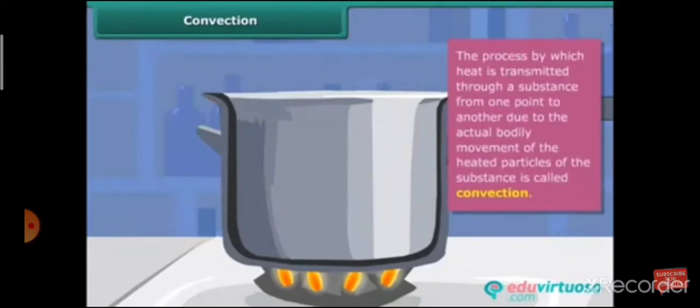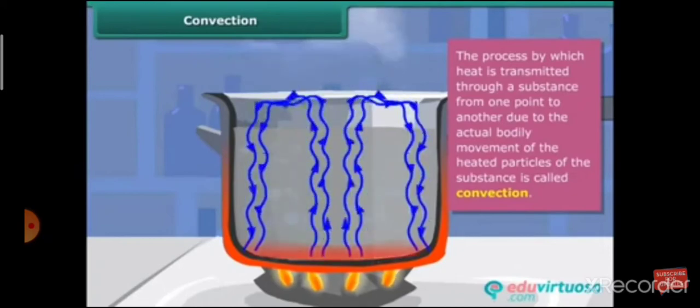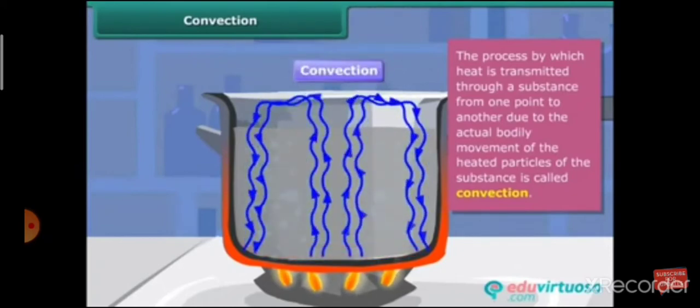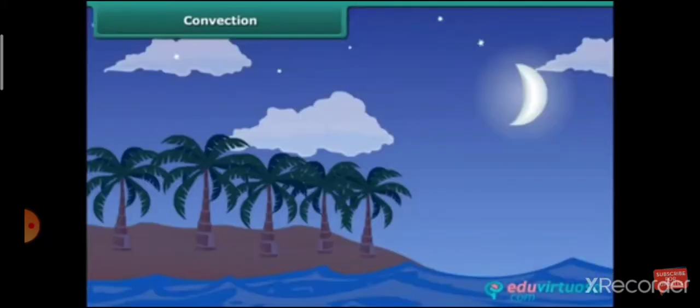The process by which heat is transmitted through a substance from one point to another due to the actual bodily movement of the heated particles of the substance is called convection. Convection of heat takes place in fluids, that is liquids and gases, and involves the movement of the fluid from the hot region to the cooler region.